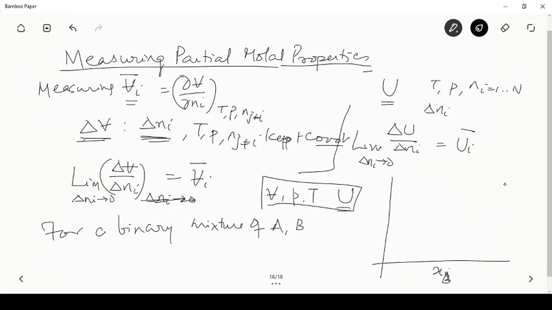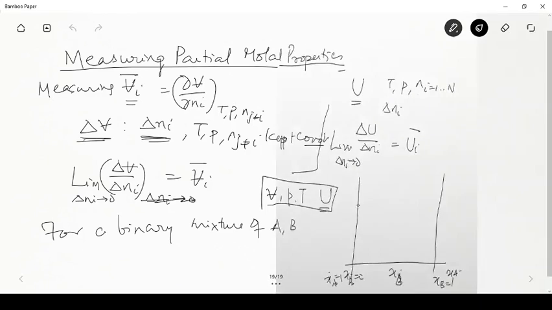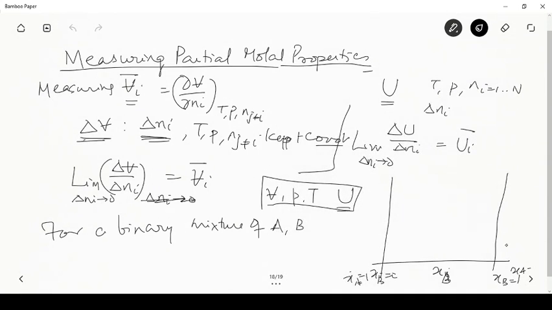So I can draw two lines here. One is Xb equal to 0, and here Xb equal to 1. And since it's a binary mixture, here you will have Xa equal to 1 and here Xa equal to 0.